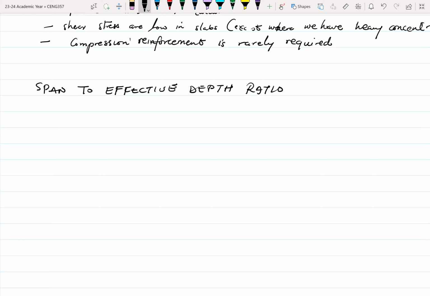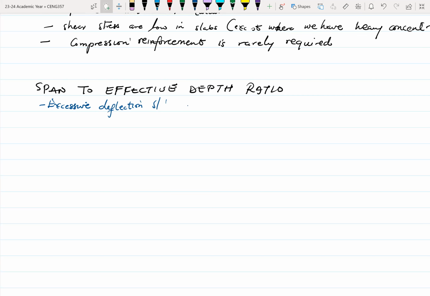All right. And why is this critical to us? Why do we have to limit the depth of the slab with respect to its span, I mean, the distance between the supports, which in this case are likely to be beams? If you have any excessive deflection in slabs, certain deflection in slabs can do what?